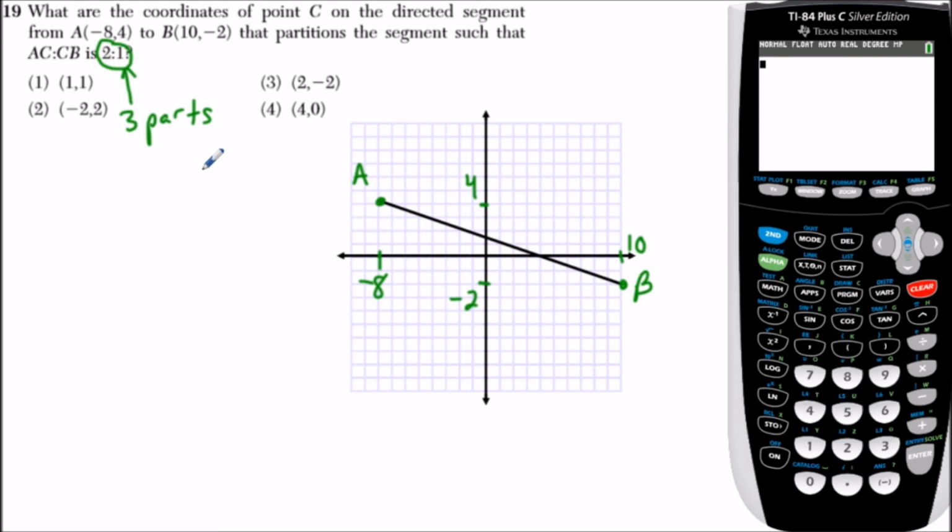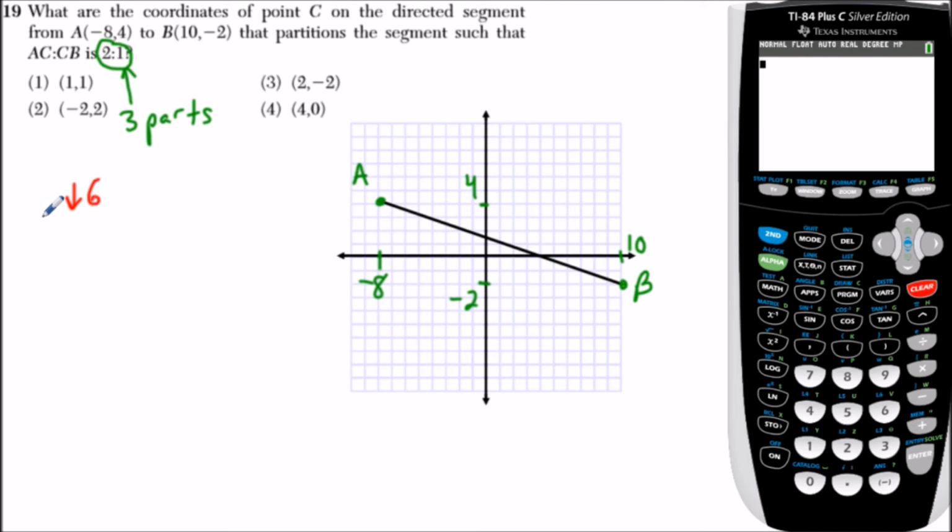The way we're going to do that is we're going to use the concept of slope. If we look here, the rise over the run, to go from point A to point B, I'm going from 4 to negative 2, so I'm going down 6, and then from negative 8 to 10, I'm going over 18. So once again, I'm going down 6 and over 18. Let's make that a little neater.